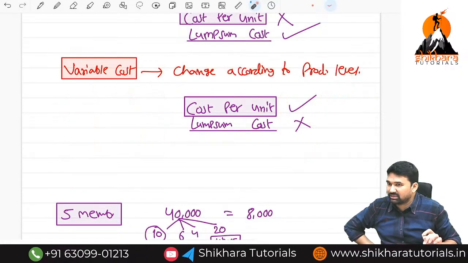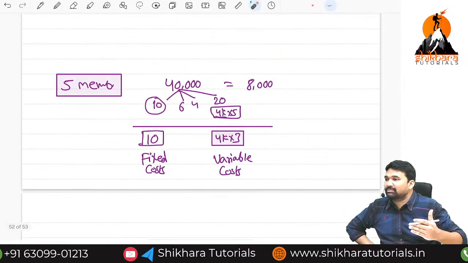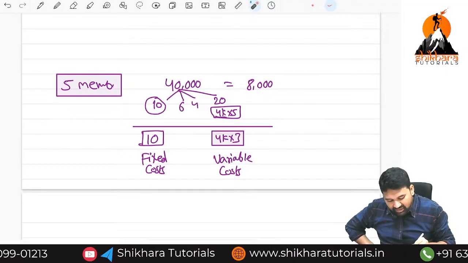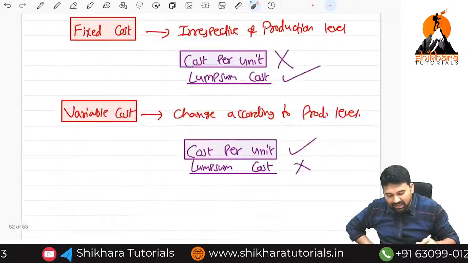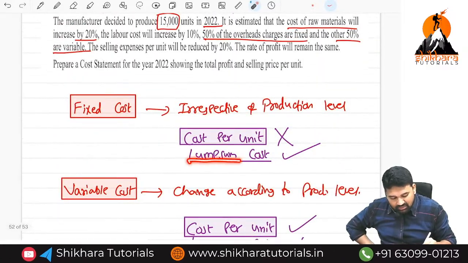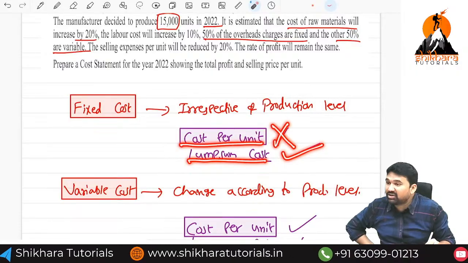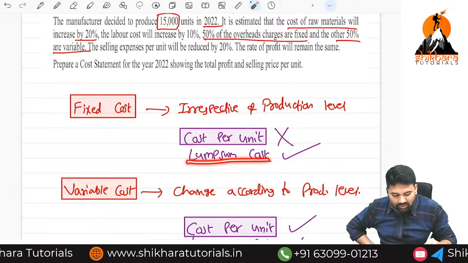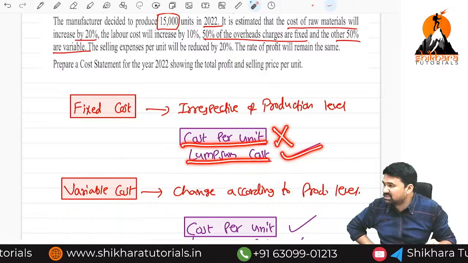Okay, clear? Now, let's do a post-mortem of the nature of fixed cost. So, fixed cost is what I have written here. Lump sum cost is fixed. Cost per unit is not fixed. Read it again. Lump sum cost is fixed. Cost per unit not fixed.